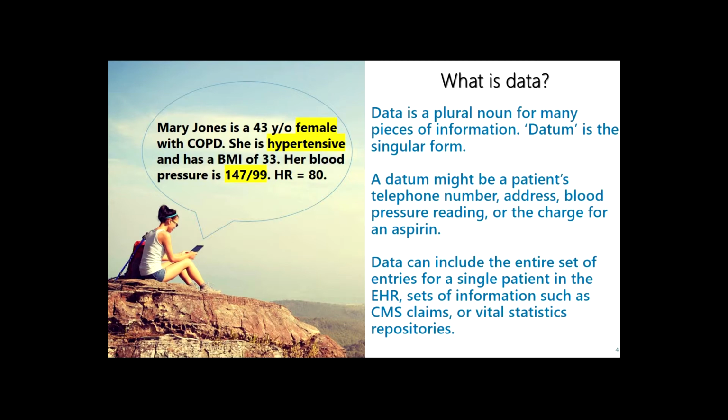And data, as opposed to datum, is the entire set of entries for a single patient in an electronic health record, or a set of information such as all the information you might see on a claim, or an entire vital statistics repository. You might see a lot of data that are collected. It's the whole of it all that is the data itself.